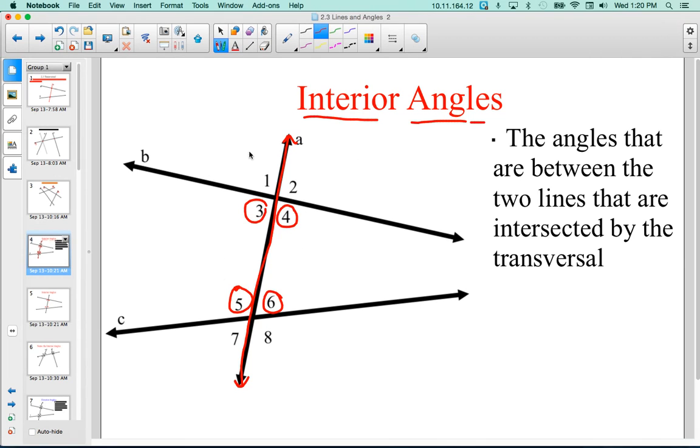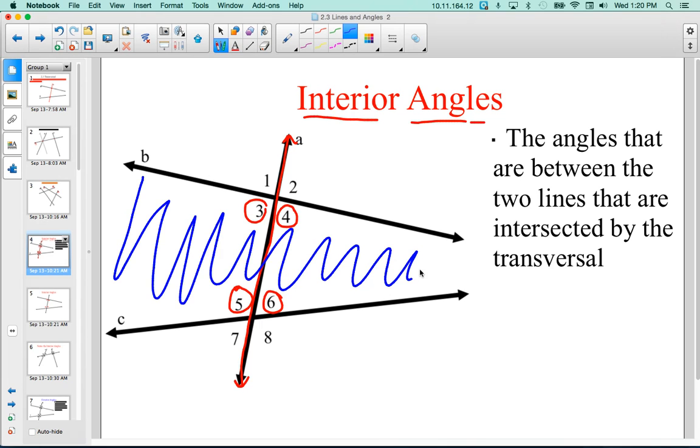One way I like to describe this, which I think helps some people, if you're unsure what an interior angle is: think about your transversal as a bridge, and the two lines that it intersects are like the banks of a river. Interior angles are the angles that are in the river.